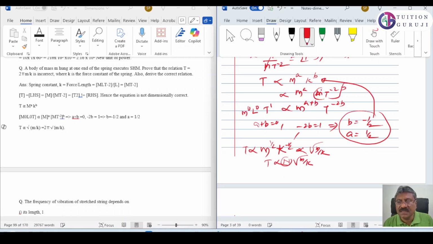We know that it is 2 pi. So T is proportional to 2 pi root m by k. For the time being, because that is not given in the equation, we will say that T is proportional to root of m by k is the equation.